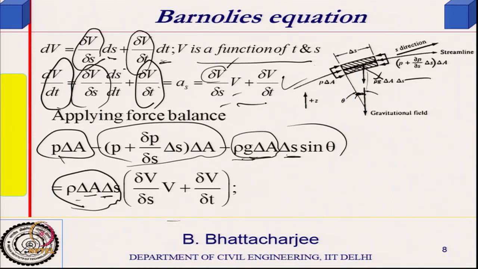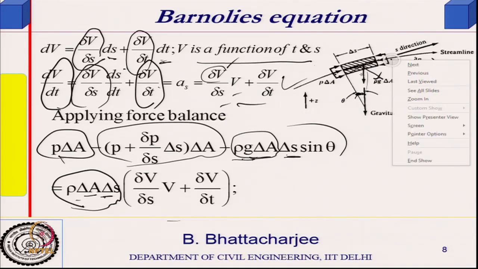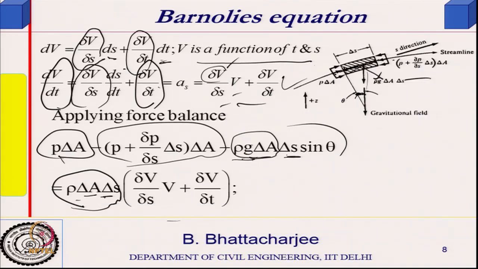I am simply writing the force balance. The one force is the pressure difference, the pressure here minus the pressure there, and then the component of the force acting here. So, this must be the total force that is acting, and it must equal mass into acceleration.